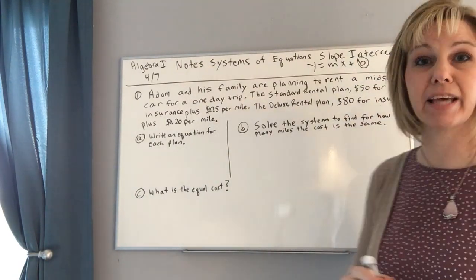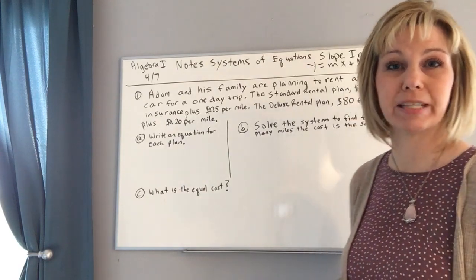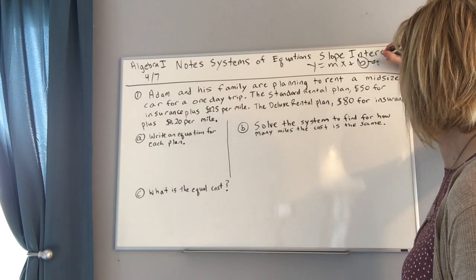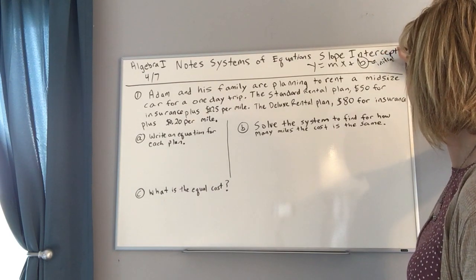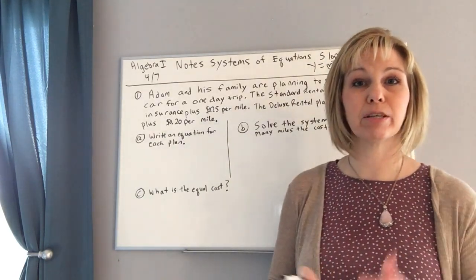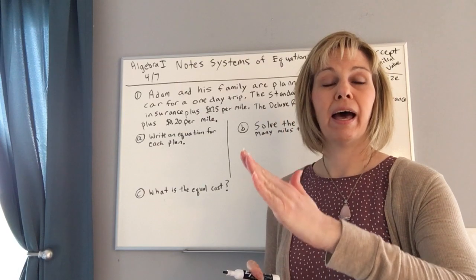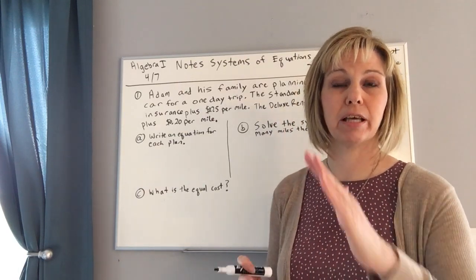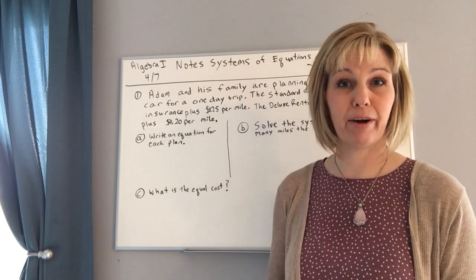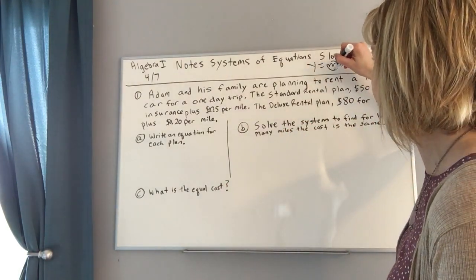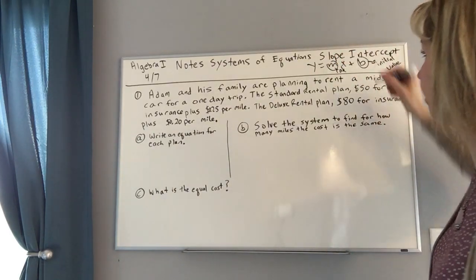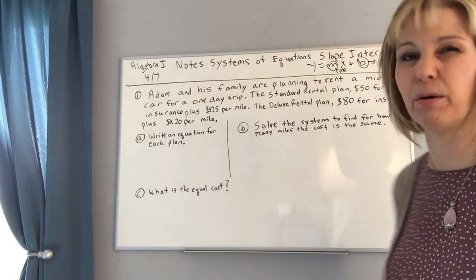B was the y-intercept, but in these problems, the b represents the initial value, the starting point. And the m, which we talked about as our slope, how steep something is, in this case is our rate of change, how the rates are different. So the rate is your slope, the rate of change.